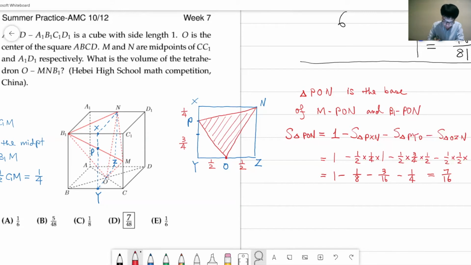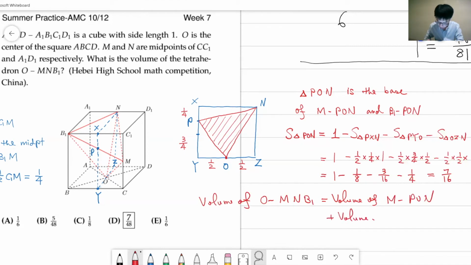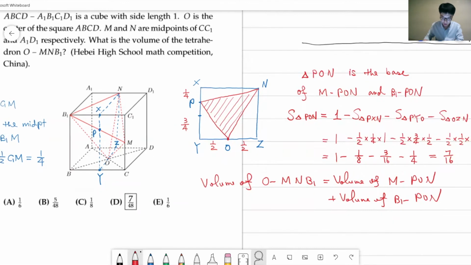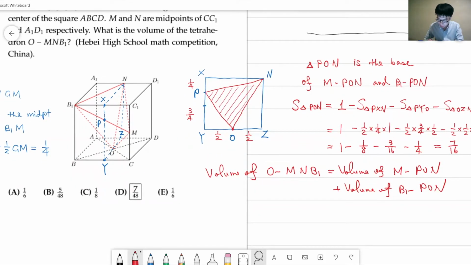So the volume of the tetrahedron OMNB1 is the volume of MPON plus the volume of B1PON. Okay, B1PON and MPON have the base PON, and their heights will be XC1 and XB1.